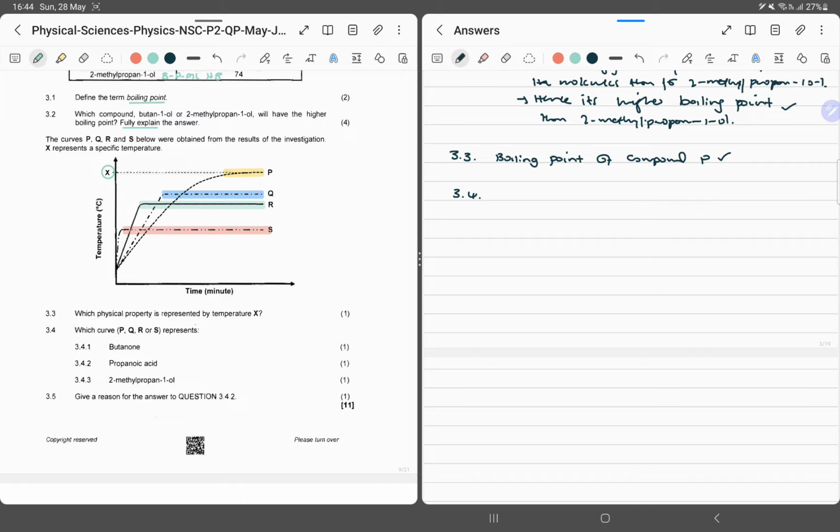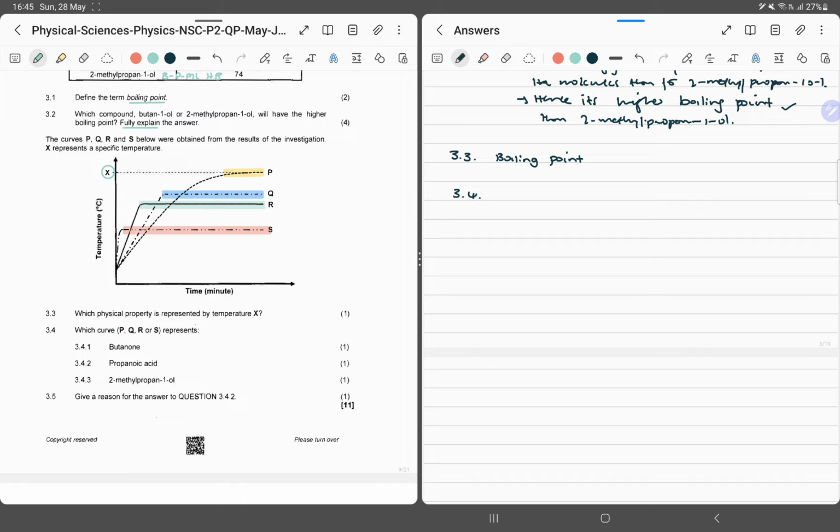Now it says, which curve P, Q, or R? Okay, perhaps we don't really care. Property X is just the boiling point. Okay, we don't really need to specify because curve P is not necessarily a compound P. Okay, it's just a boiling point, no problem.